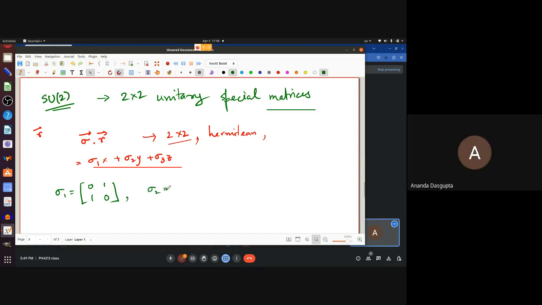Sigma 2? 0, minus i, i, 0. Determinant? -1. Sigma 3 is the easiest of the lot, but it's also determinant -1. So none of these are determinant 1.